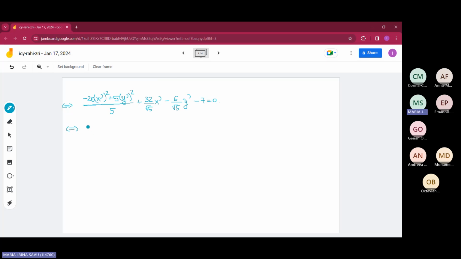Let's check. We have minus 4x prime squared plus y prime squared plus 32 over square root of 5x prime minus 6 over square root of 5y prime minus 7 equals 0.